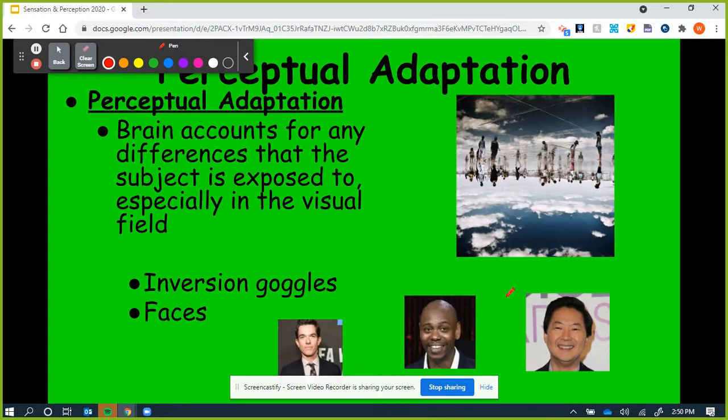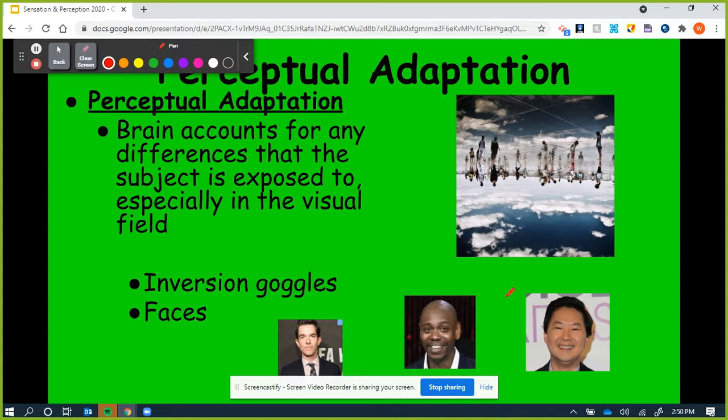All right, perceptual adaptation. Our brain kind of just accounts for differences around us. Perceptual constancies are a form of adaptation, especially with vision. So inversion goggles are an example of this.